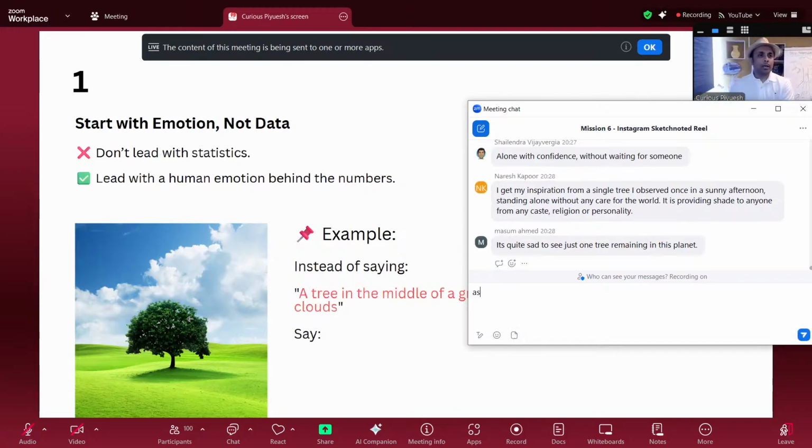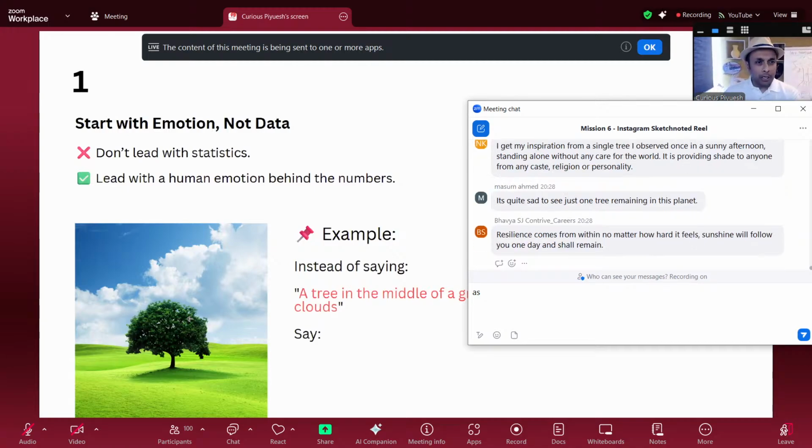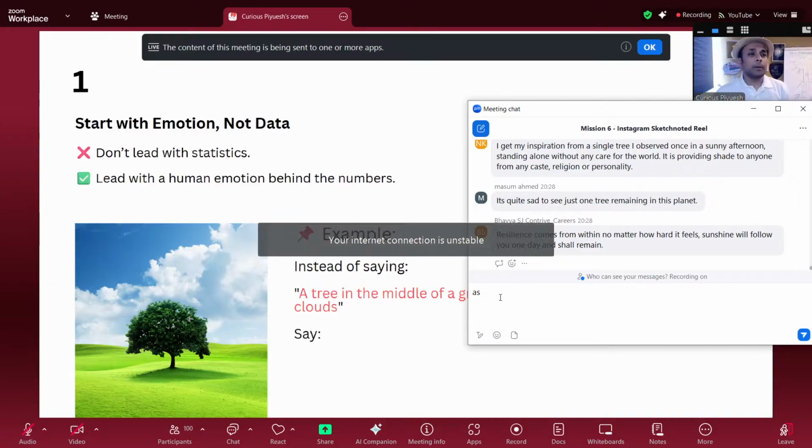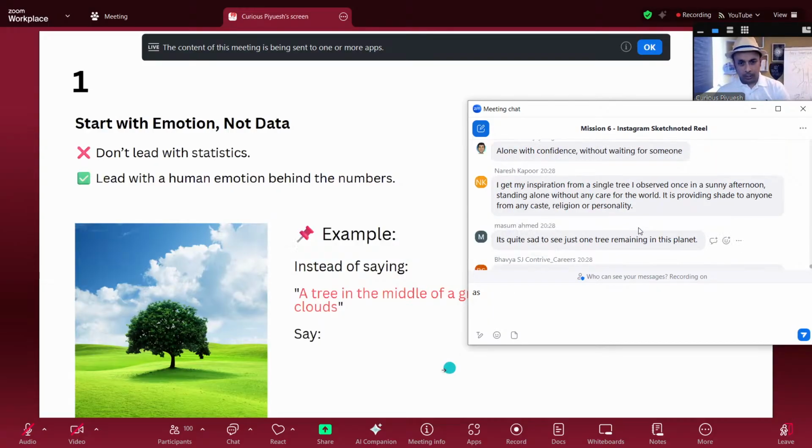I get my inspiration from a single tree I observed once on a sunny afternoon, standing alone without any care of the world. Look at this, sunny. Naresh, bang on. I'm pretty sure most of you are also able to make this, but Naresh, you are already on the point. So maybe I can copy this and put it directly on the slide.